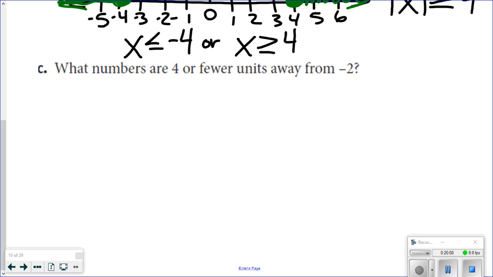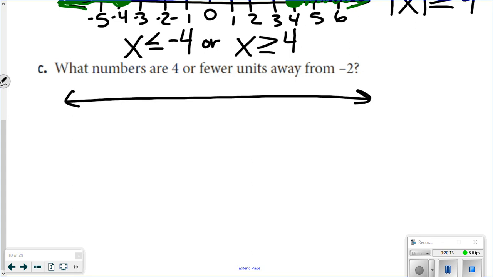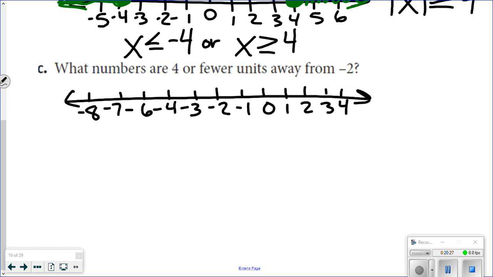Question C. If you haven't already done so, pause, graph it, and try it. We're starting at -2. 4 or fewer. 1, 2, 3, 4. 1, 2, 3, 4.